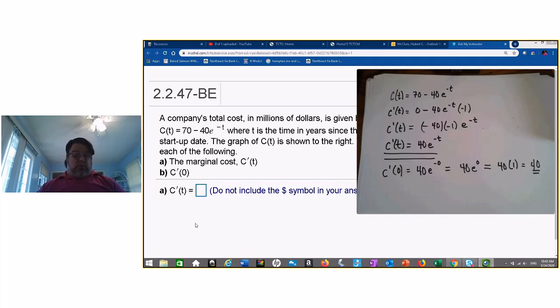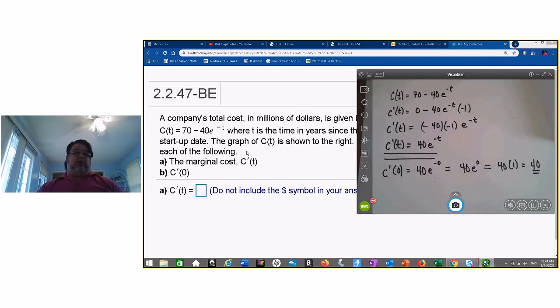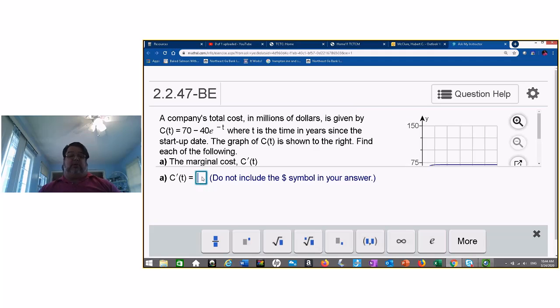So we go to our handy dandy, because I think this asks several questions, A through D. So C prime of t is equal to 40e to the negative t. So that's 40e, shift up, to the negative t.